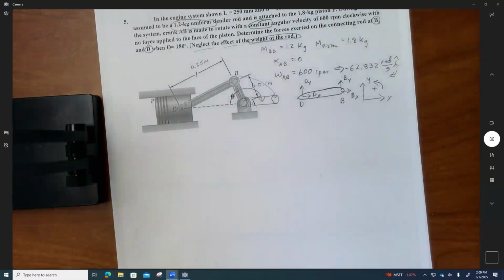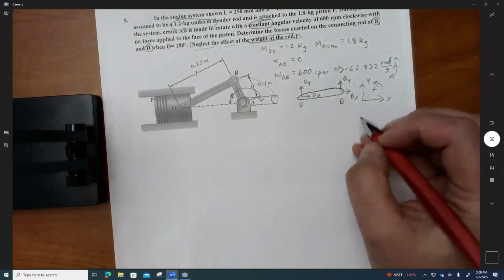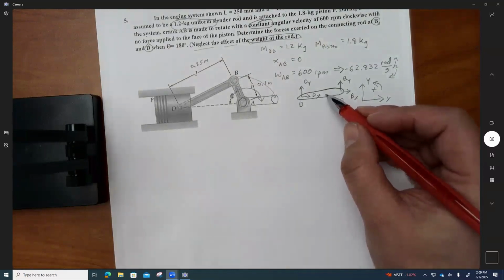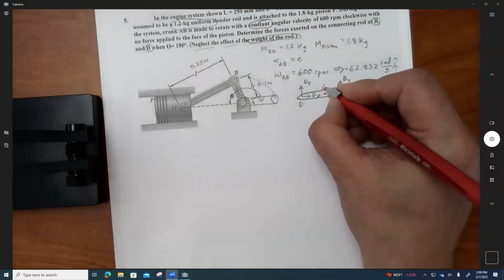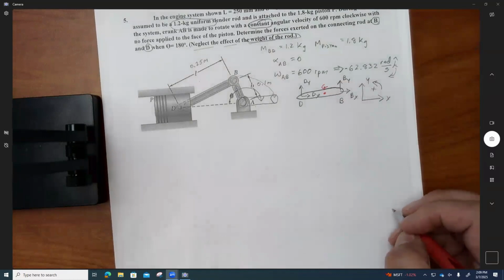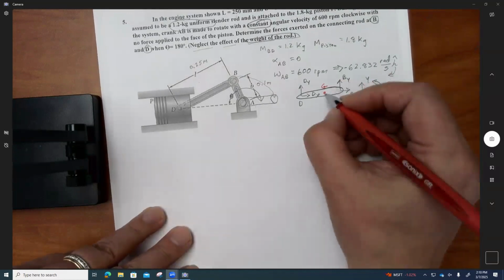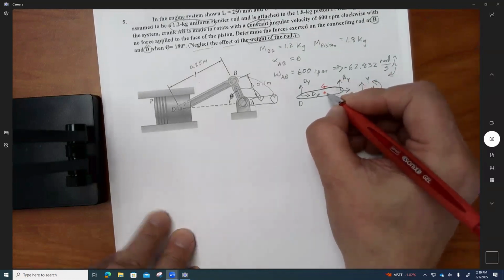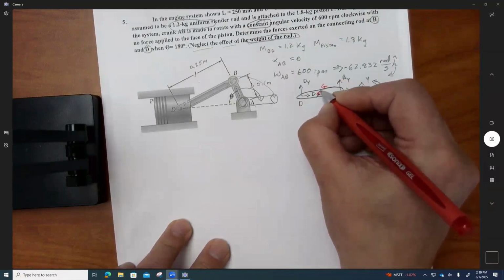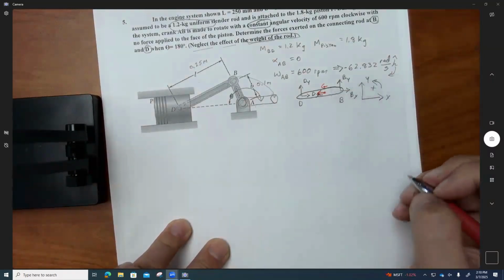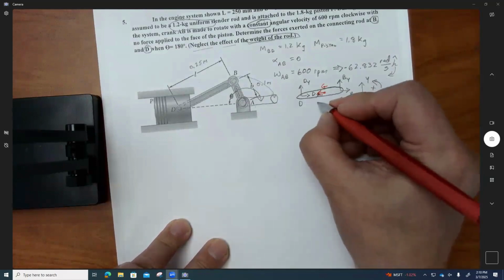And in this system, we are going to have to deal with an angular acceleration as well as the acceleration of the center of mass, g. Let's go ahead and put the center of mass, g, and a mass times acceleration. I'm going to have it working opposite, assume that.